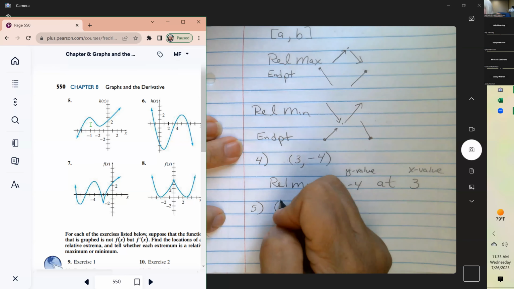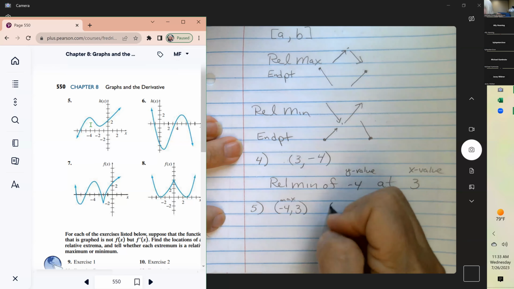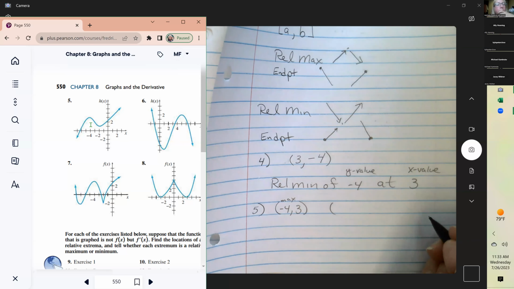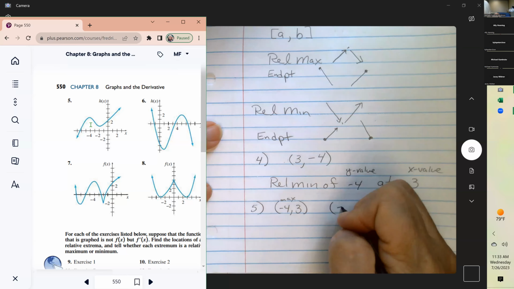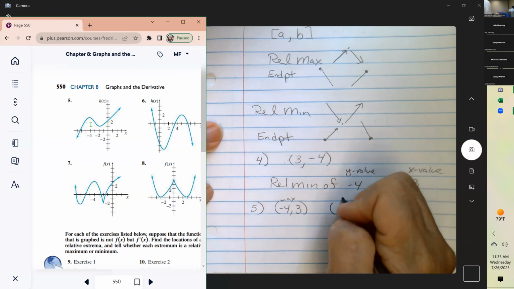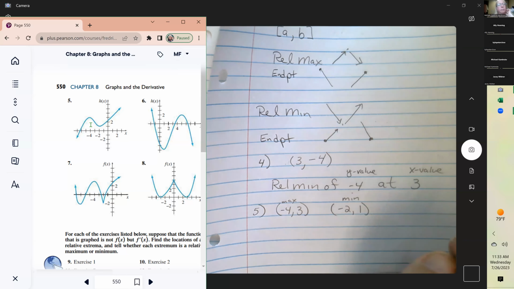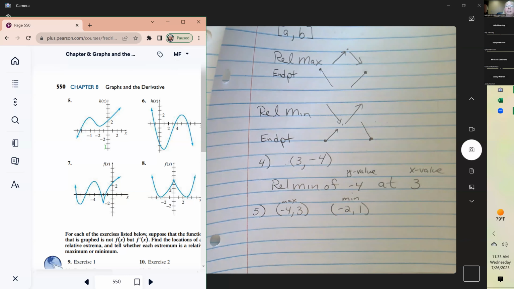I'm going to put max right above it so we know. And then the other one, -2, 1. That's a low point. Now notice neither one is the lowest or the highest because this keeps going. But they are high and low points on the graph.